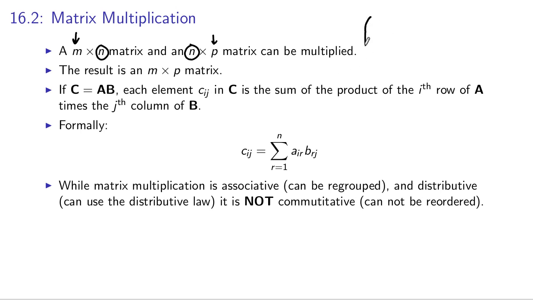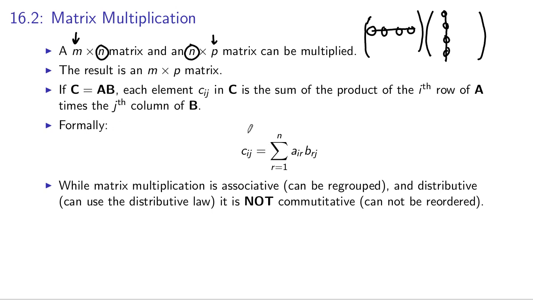So if you imagine A and B, we take the ith row, whatever that happens to be, and the jth column, and we multiply each entry in the row and column by each other, and then we add those up, and that is how we get each entry in the result matrix. So you can see there's going to be a lot of arithmetic to do this kind of multiplication.